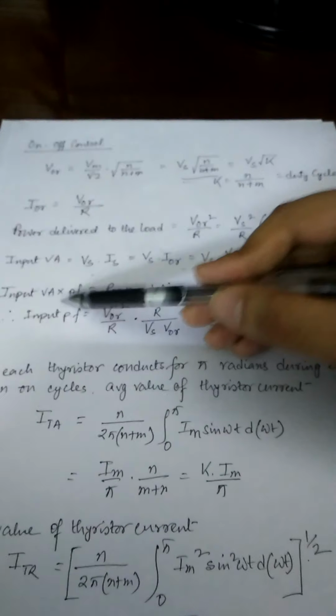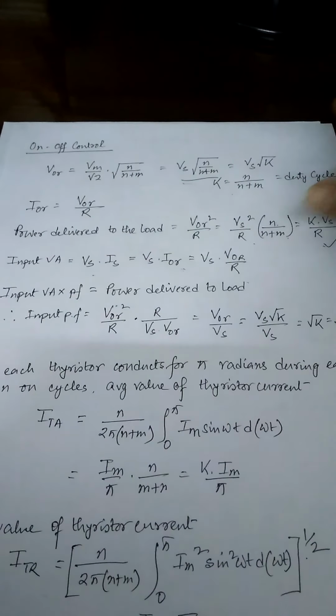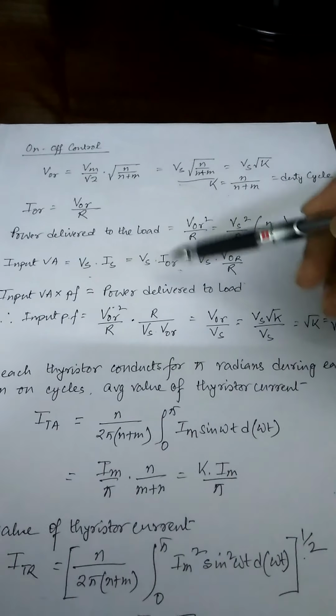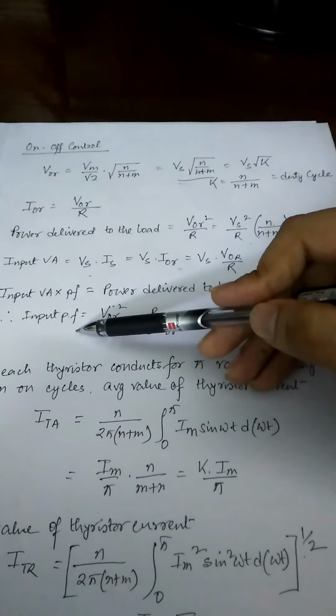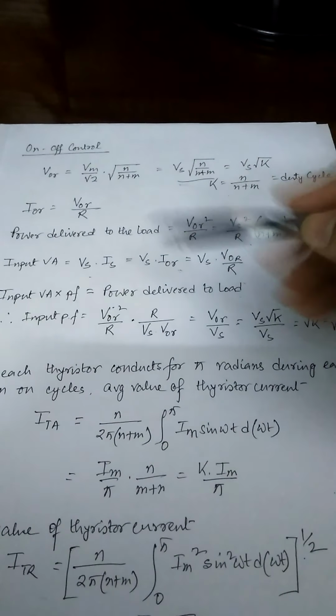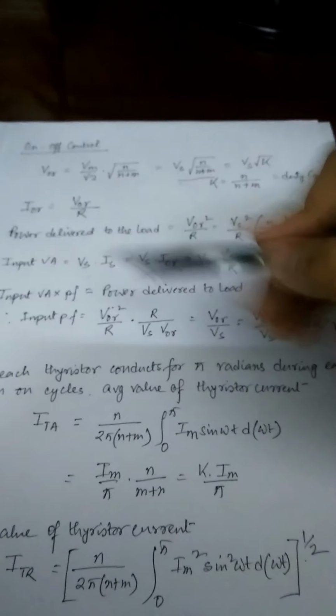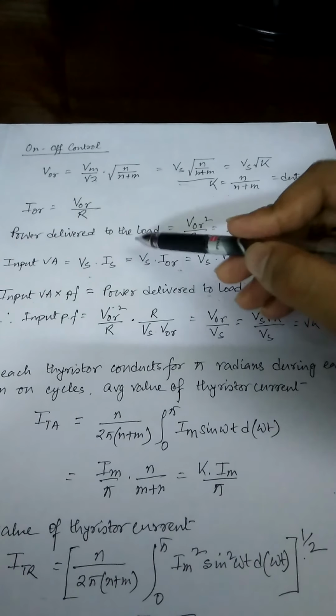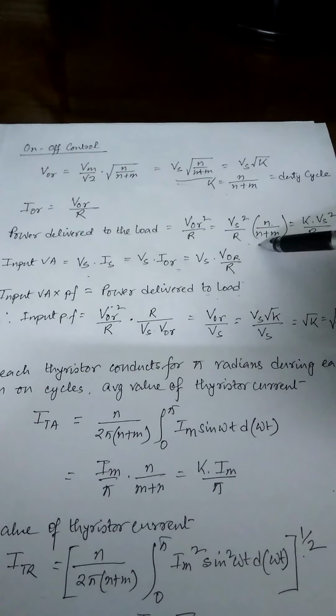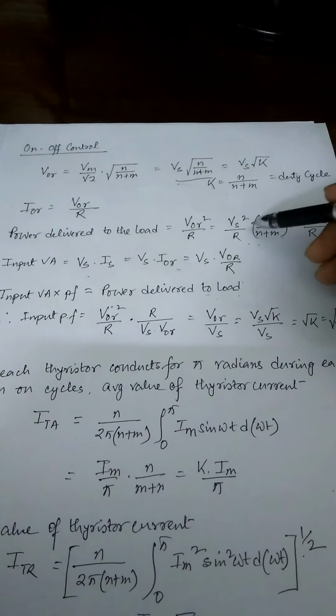So input VA into power factor cos phi equals the power delivered to the load. So what is the input power factor? The input power factor will be the power delivered to the load divided by input VA. So what is the power delivered to the load? Already we have derived, that is Vs square by R into n by n plus m. So that is equal to k Vs square by R.